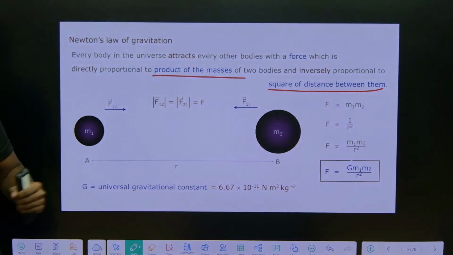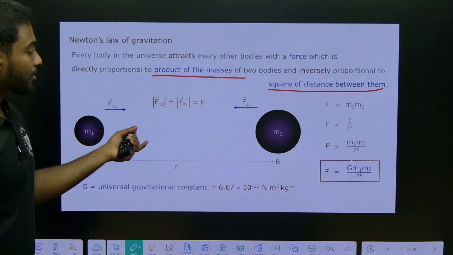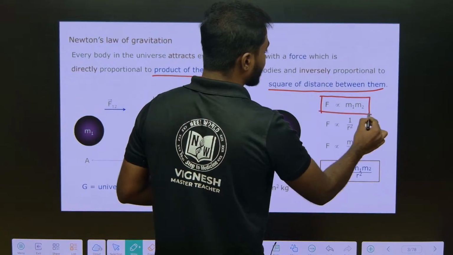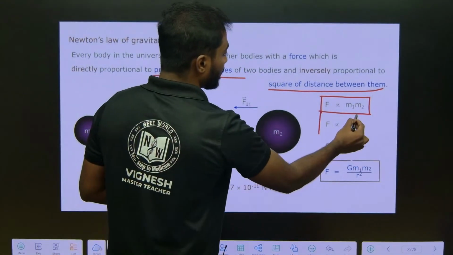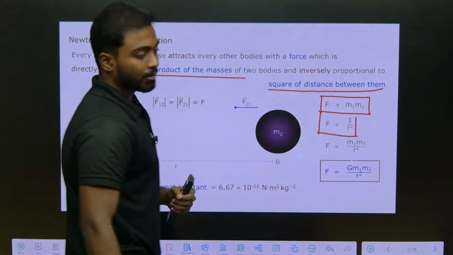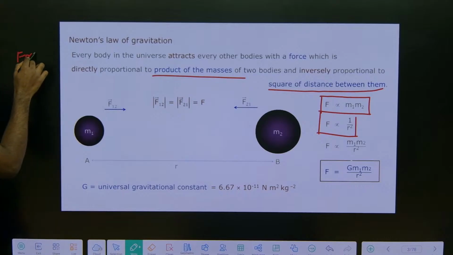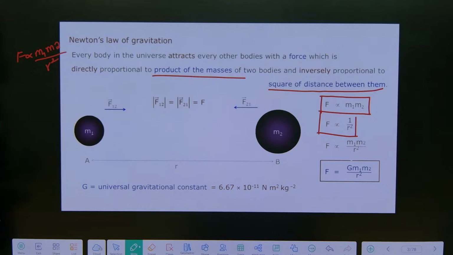So this is Newton's law of gravitation. The force is directly proportional to the two masses m1 and m2 and inversely proportional to the square of the distance between them, which means F is directly proportional to m1 m2 and inversely proportional to r square.